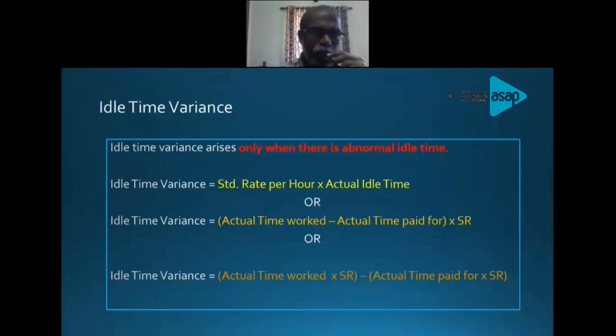It is as per the rules and regulations of the country. We are paying wages for 10 hours, but the employees will be available for work only for 9 hours.